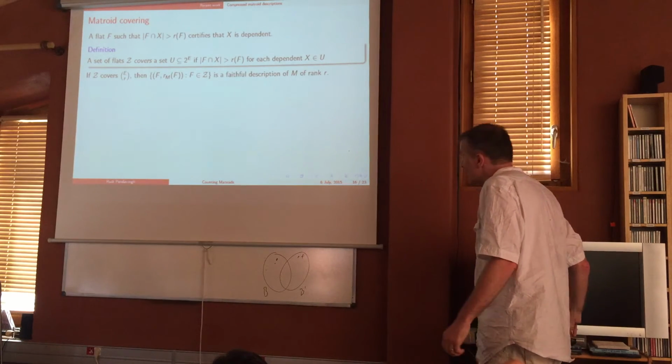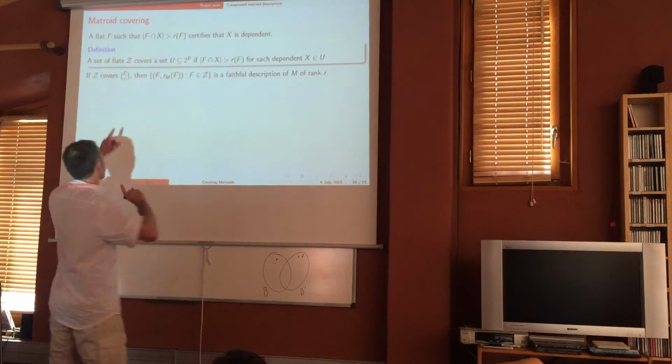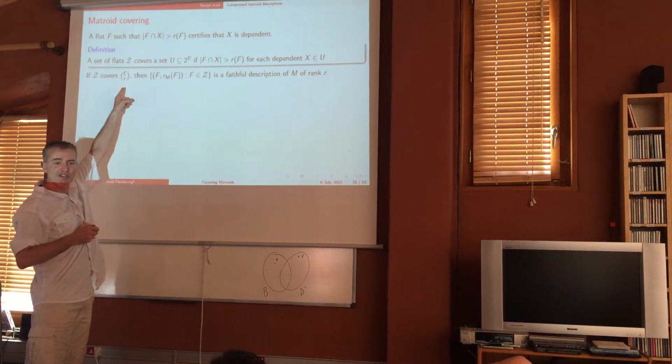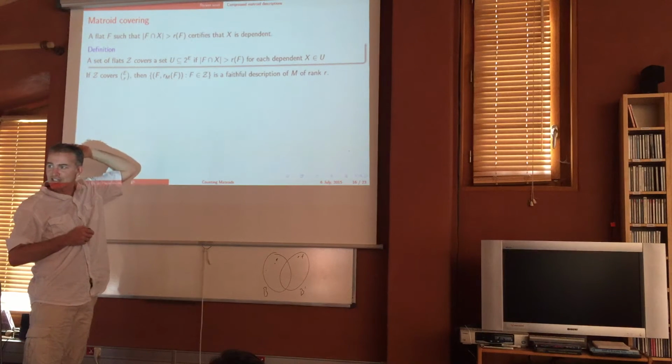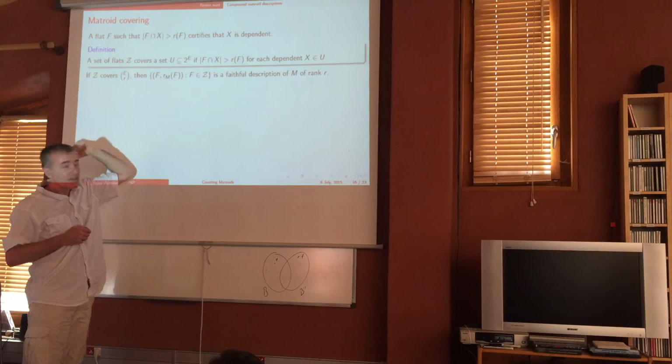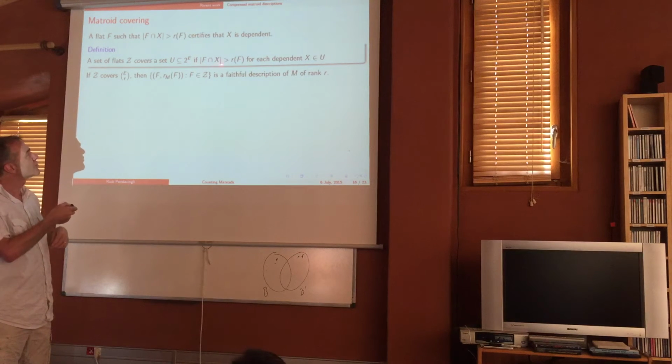But the interesting thing is that, of course, if you can separate out the dependent r-sets from the independent r-sets, then you also know the matroid. And then all of a sudden, there's more than one possibility for creating such a list of certificates. So I had a little definition here saying that a set of flats covers a subset of the power set if for each dependent set in that subset you have a certificate like this.